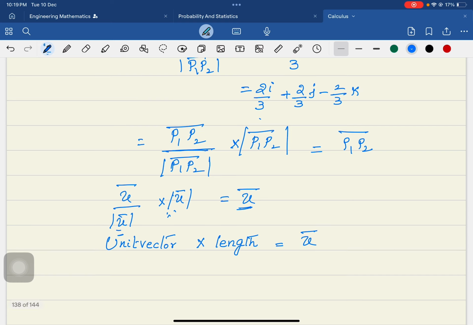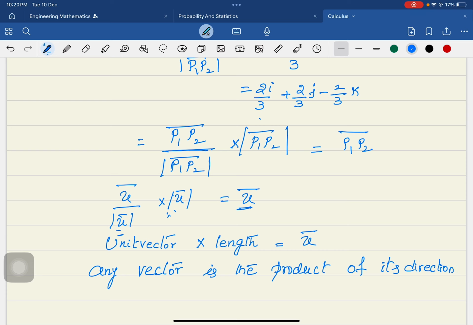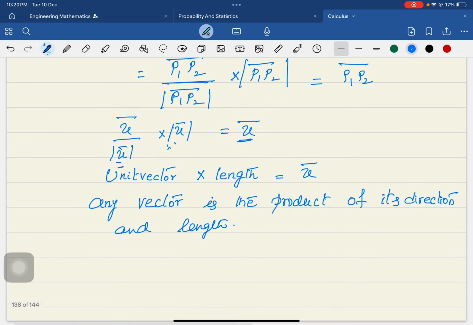So what can you write about any vector? Any vector is the product of its direction and length.